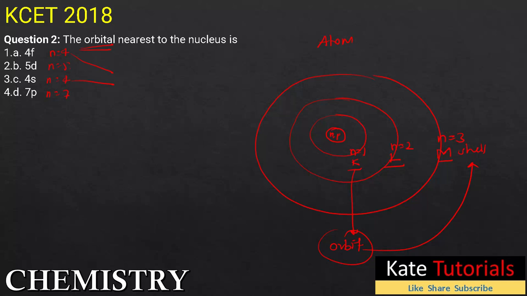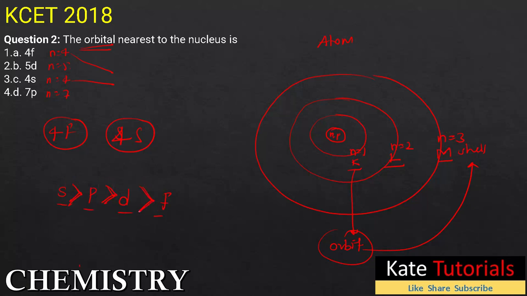So we have to see between 4f and 4s now, right? So these two options are left. And we know that always in an orbital, the s orbital will be nearer compared to p. Then the p orbital will be nearer to the nucleus compared to the d orbital, and the d orbital will be nearer to the nucleus compared to f. So s, p, d, f, this is the order.